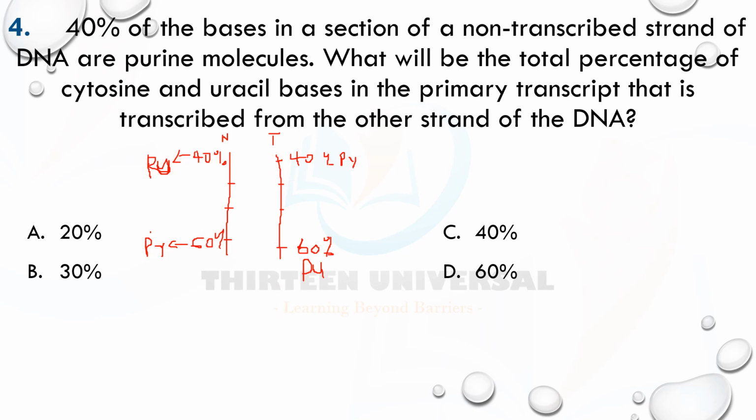This strand is going to be used to make messenger RNA, which has cytosine and uracil as the pyrimidines. So they're asking us for the percentage of cytosine and uracil in the mRNA.